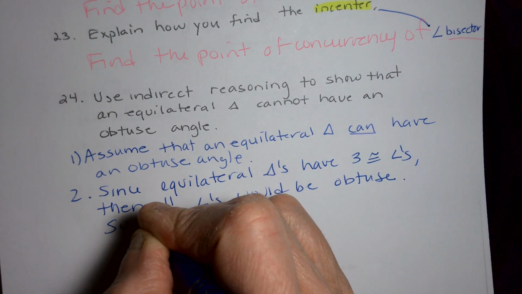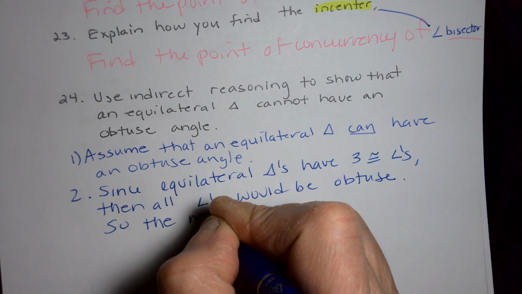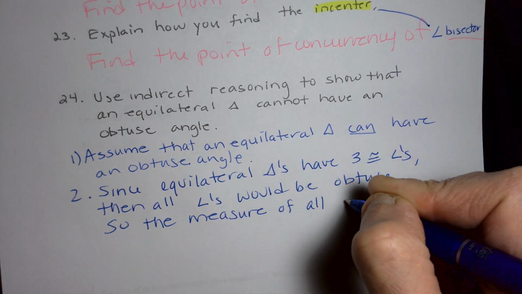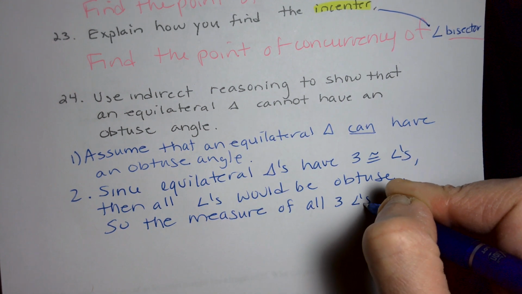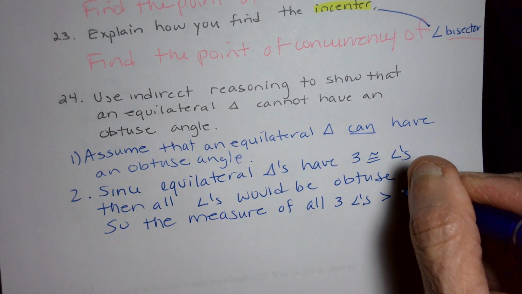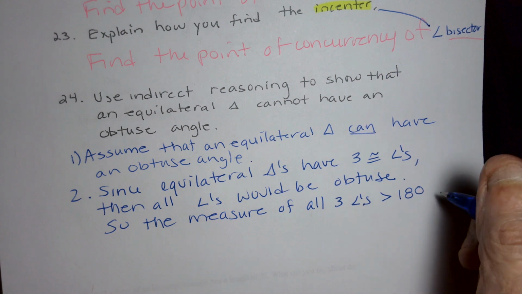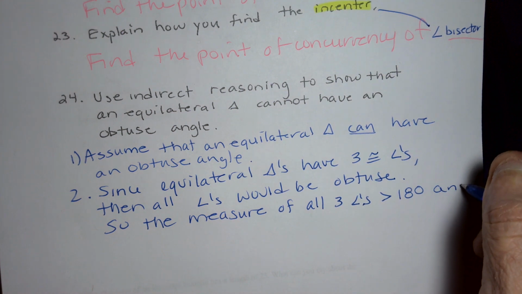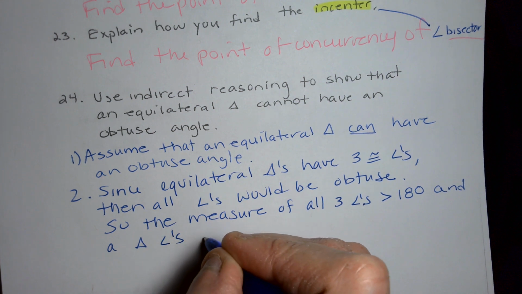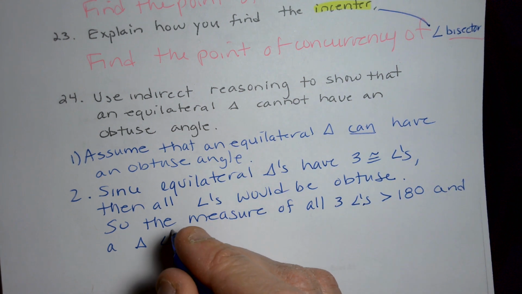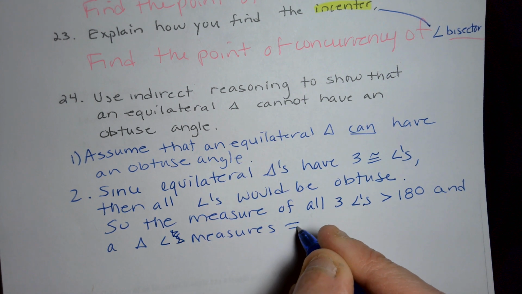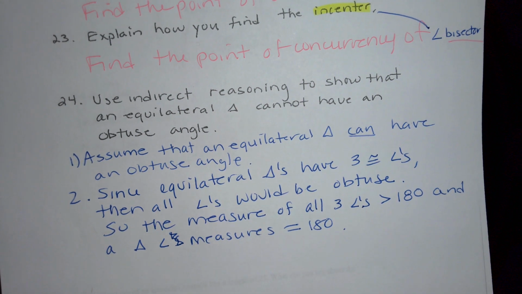So the measure of all 3 angles would be greater than 180. And a triangle's angle measures equal 180.